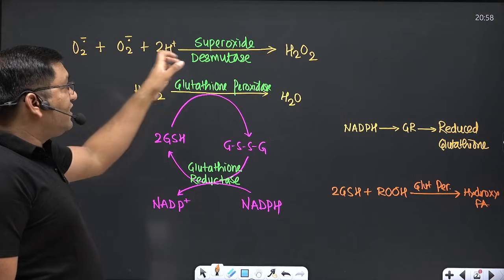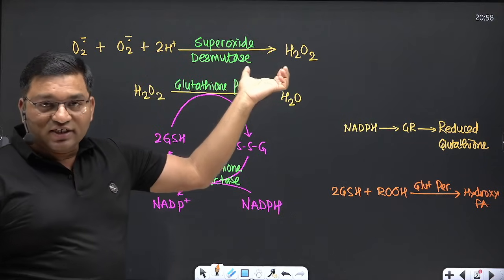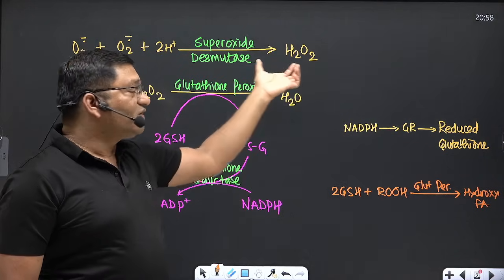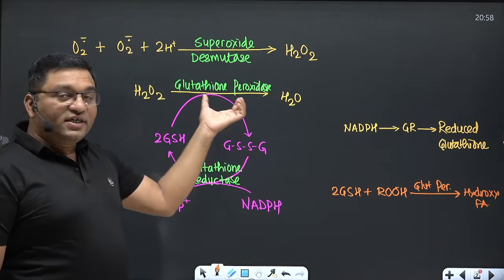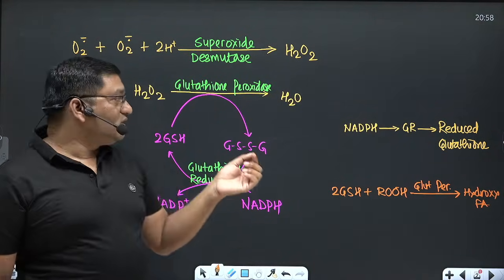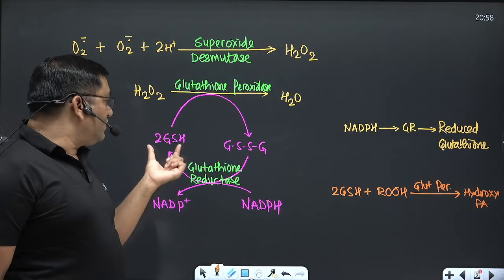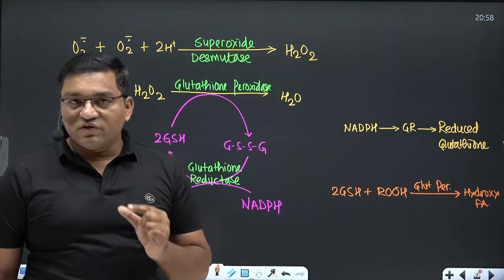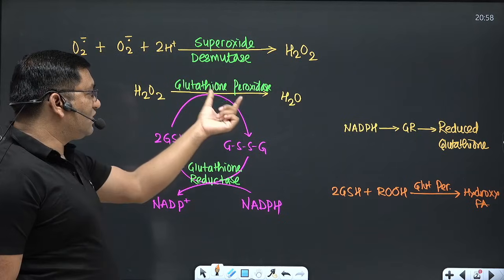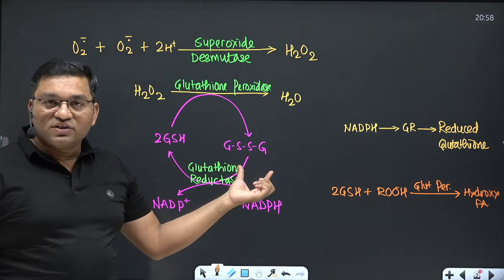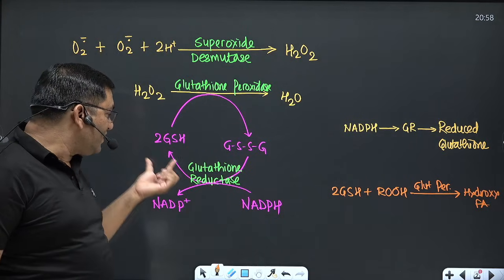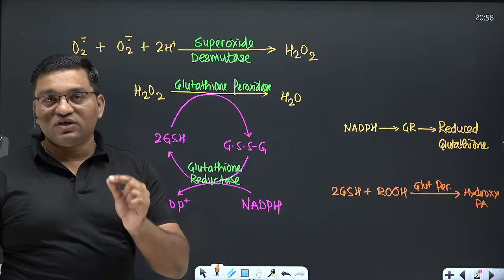These free radicals are scavenged by the superoxide dismutase enzyme, which converts the free radical into hydrogen peroxide. This hydrogen peroxide is scavenged by glutathione peroxidase, and for this activity, reduced glutathione is required. In this process, reduced glutathione is converted into oxidized glutathione, and it is again regenerated with the help of glutathione reductase.